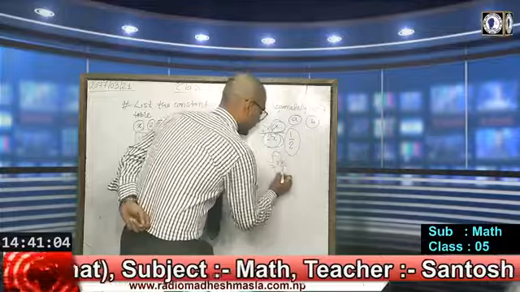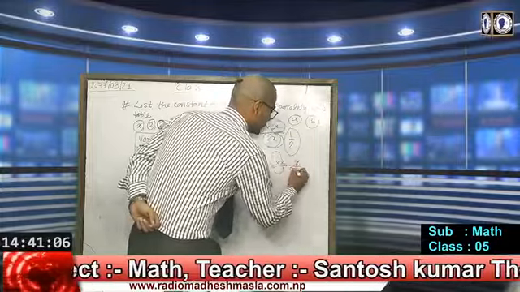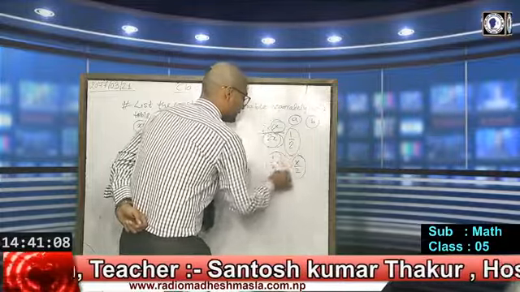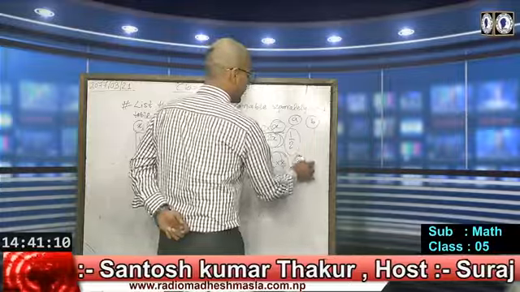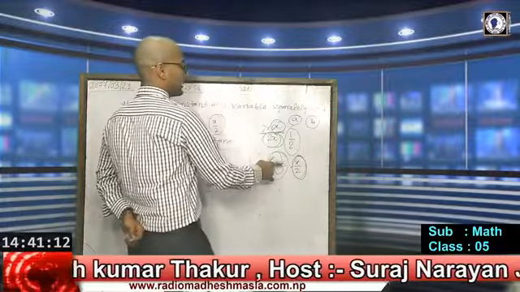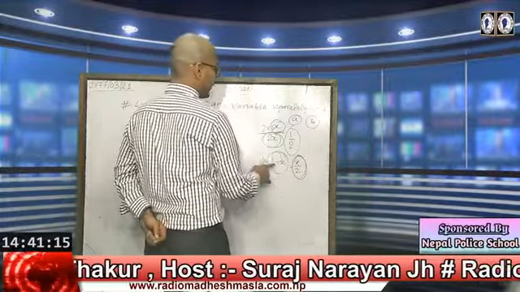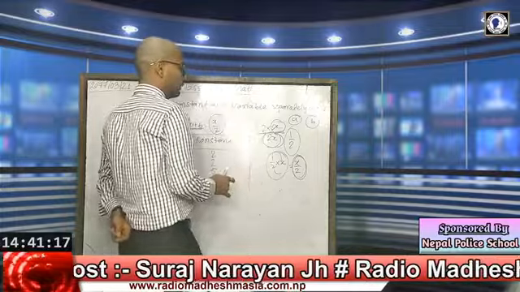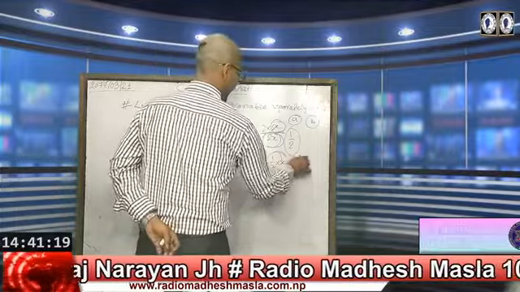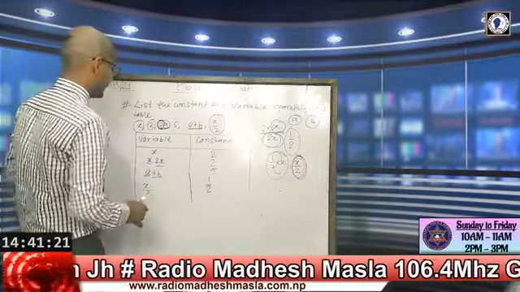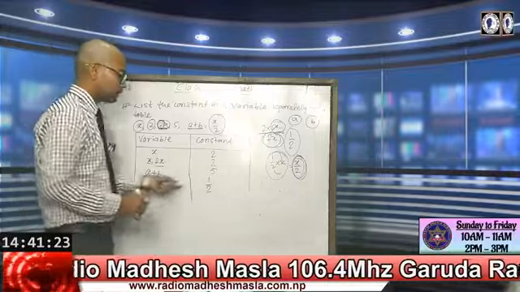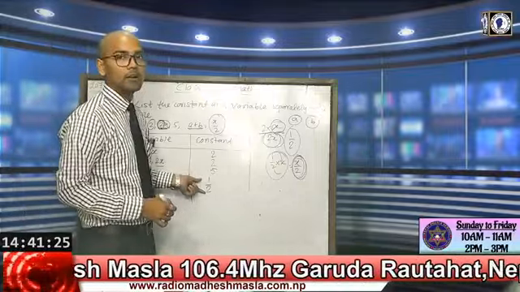Then we get x by 2. So when x is multiplied by 1 by 2, we get the fraction x by 2. So x by 2 is a variable and 1 by 2 is a constant.